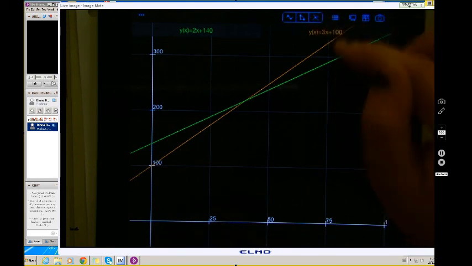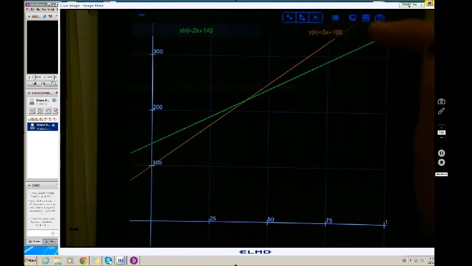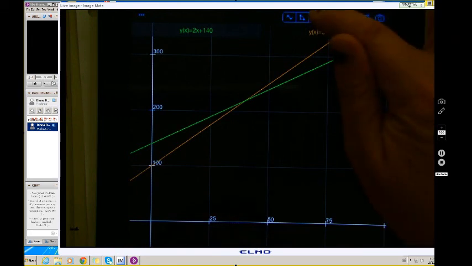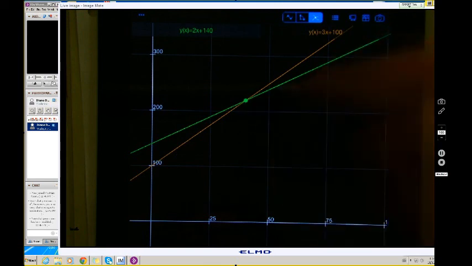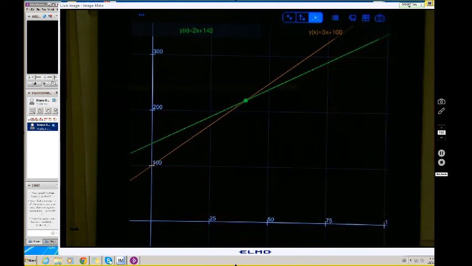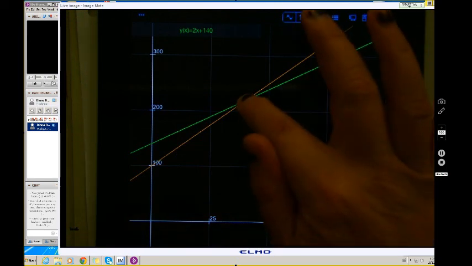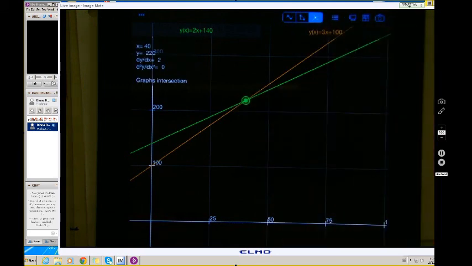And then the third one is your intersection, which is the one we want. So if you push on intersection there, it highlights it, and then if you tap on the dot, it tells you what it is. So it tells it's 40 and 220. Okay? Good? We know how to use it?